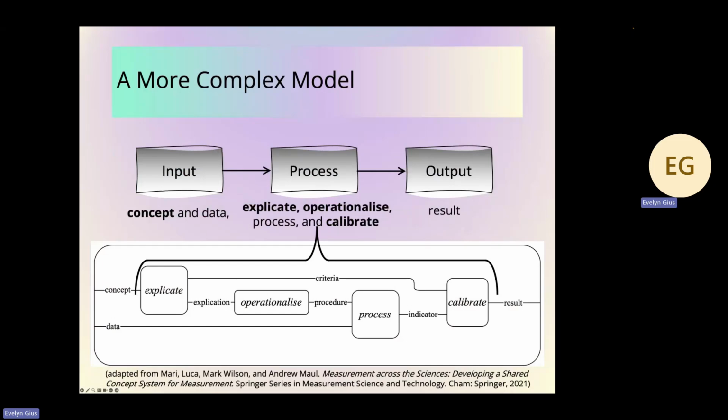That can be definition, but it must somehow make explicit the concepts you're looking for, in our case in texts. Then operationalization: how can I put them into something that's measurable? Then the measurement, which is the process in this case. How can I measure this? What's an adequate measurement?